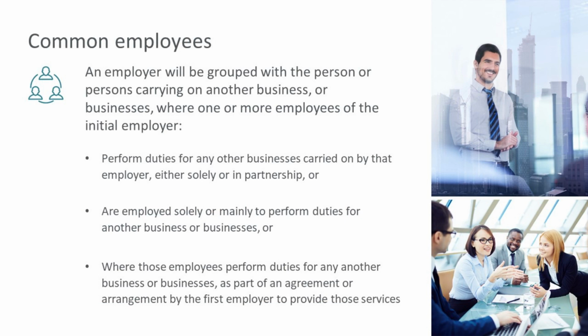The second way a group can be formed is where two or more businesses have an agreement to share employees. We call this interuse of or common employees.